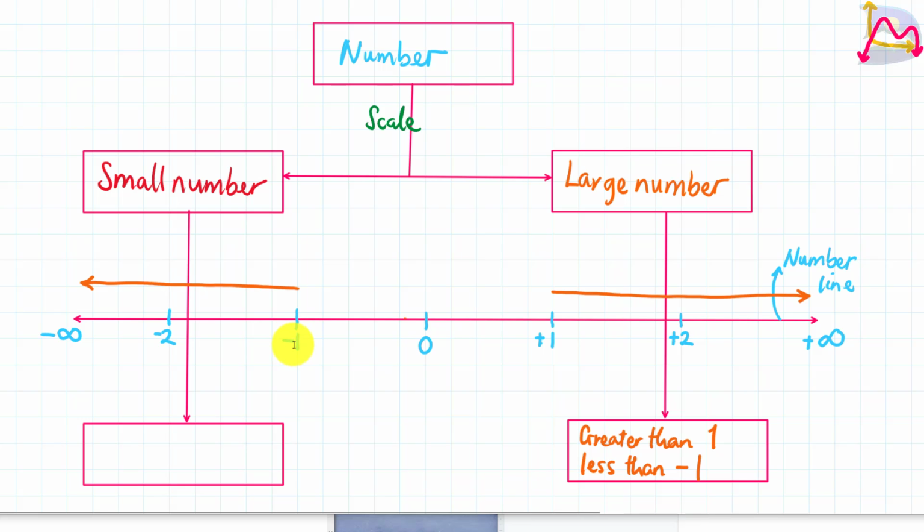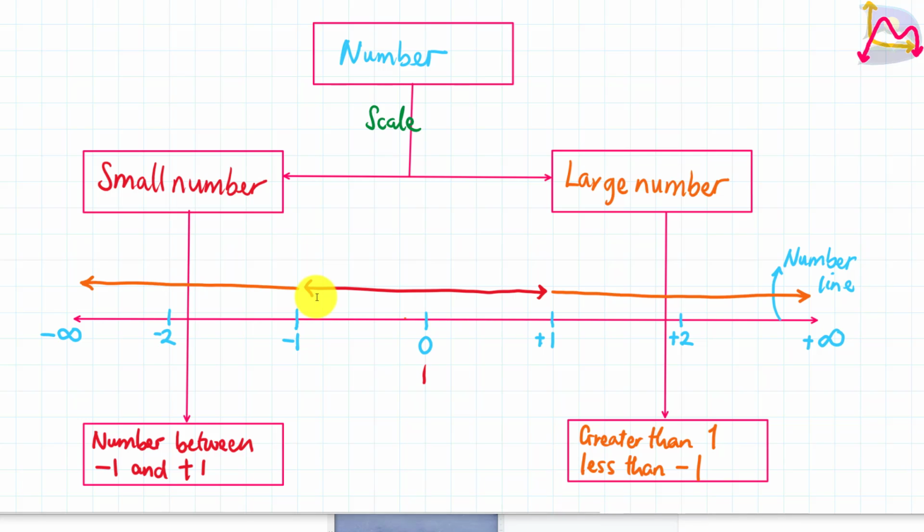So we have these expressed as small numbers, which is within this particular region, and we are going to state it as numbers between -1 and +1.